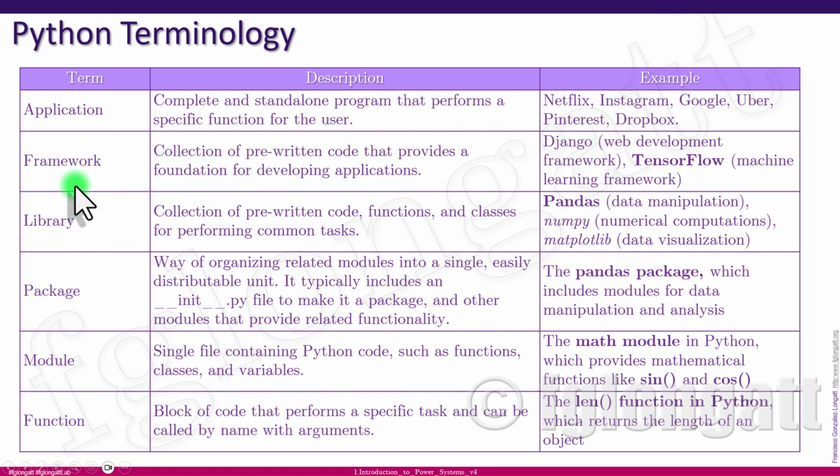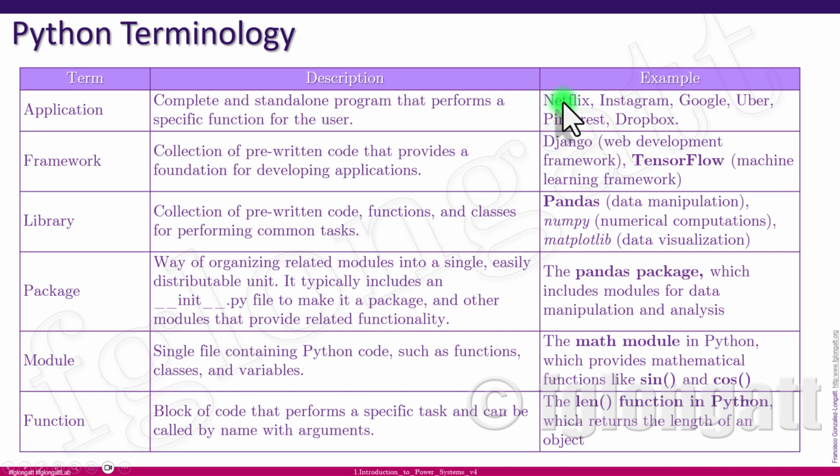Then when you are moving to the highest level, we have the framework and the application. The framework is basically, again, pre-written code, but in this case, it is providing you the foundation for creating or developing applications. An application is the target. Applications are complete and standalone programs that perform some activity, some function defined by the user.